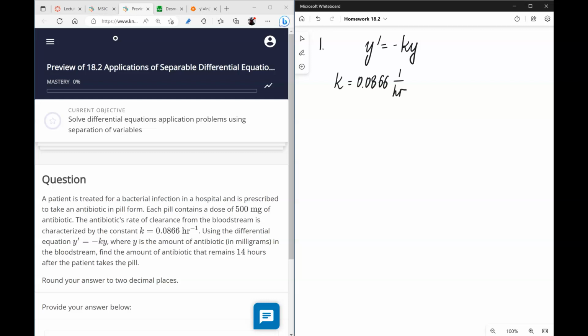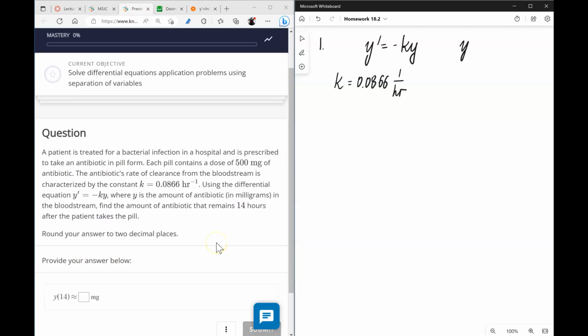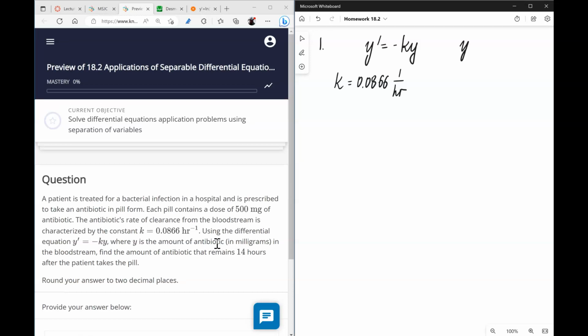We're also given the fact that there are 500 milligrams of antibiotic initially, so that means, if y represents, I guess we need to make an assumption that y represents the amount of antibiotic.